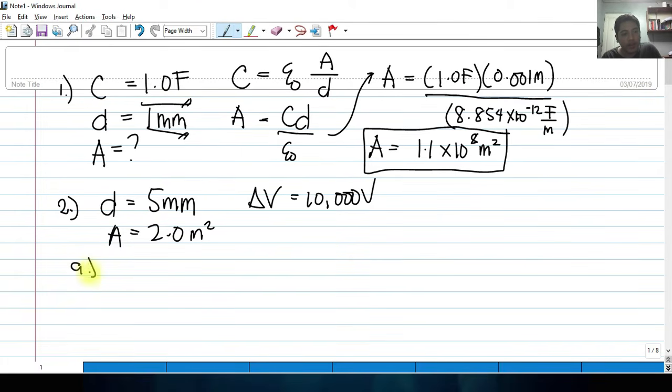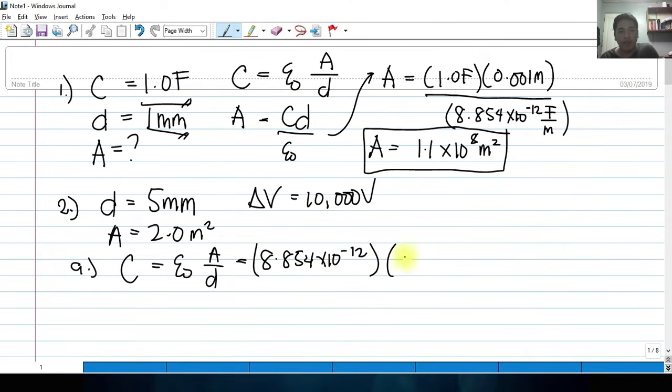For letter A, capacitance is epsilon sub 0 multiplied by A over D. Our epsilon sub 0 is 8.854. For a Casio calculator, that is shift constant 32, a constant stored in your calculator. Multiplied by A, that is 2, over the distance of separation, 5 millimeters, converting that into meters, 0.005 meters.